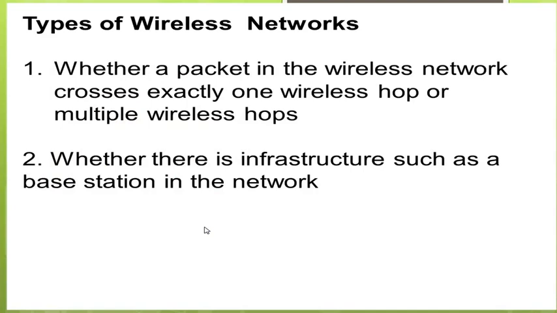Then we'll see the types of wireless networks. We have infrastructure based or no infrastructure. Under infrastructure based, we have single hop and multiple hops. Under no infrastructure also, we have single hop and multiple hops. For infrastructure based single hop, we have Wi-Fi, WiMAX, or cellular 4G which connect to the larger internet.